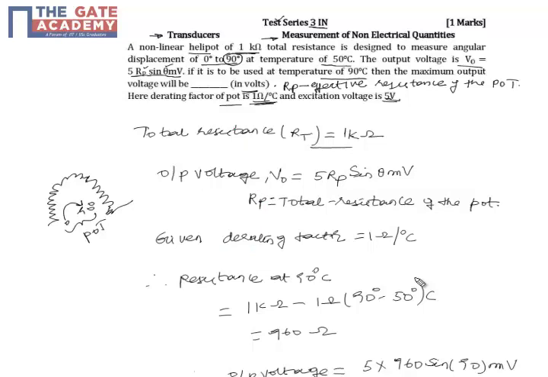With the derating factor of 1 ohm per degree centigrade, the effective resistance is the total resistance 1000 ohms minus 1 ohm into (90 minus 50). Effectively it is now placed at 90, initially it was at 50 degrees centigrade. So I get the total effective resistance Rp or RT as 960 ohms.